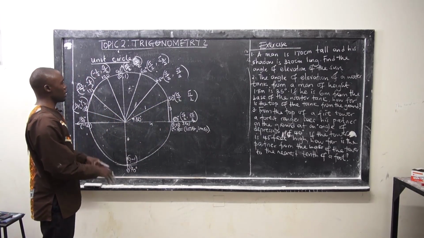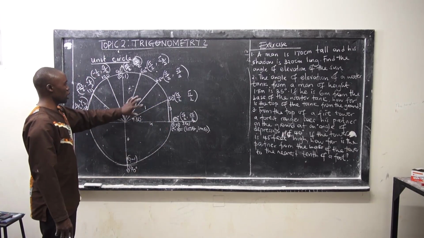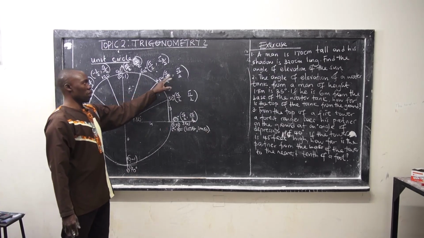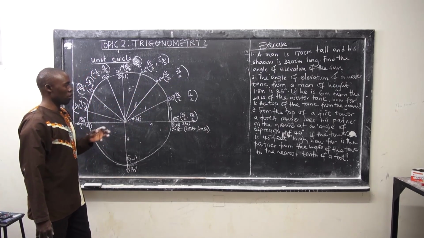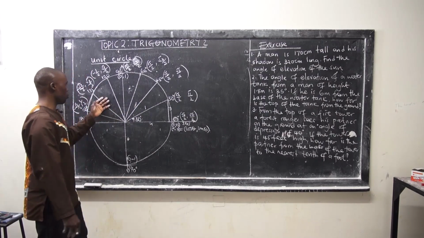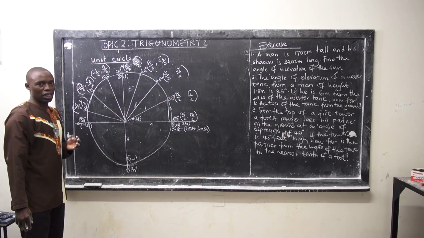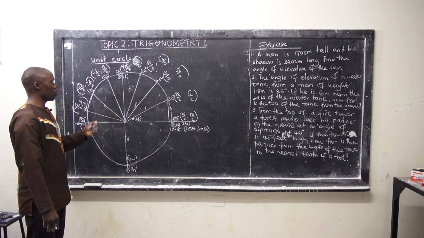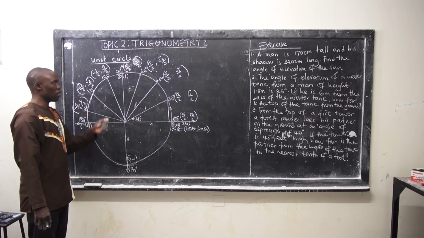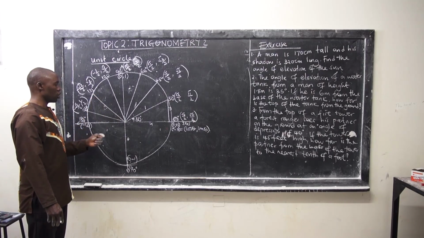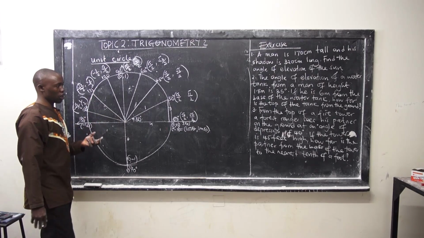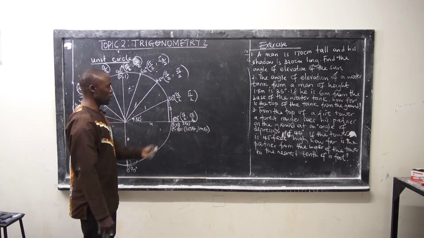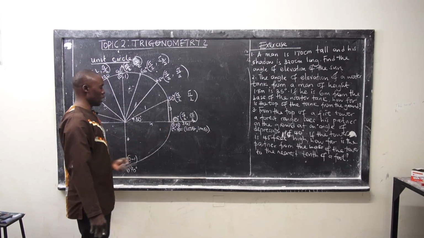So we realize that in some of these quadrants, you see that this is the first quadrant, both x and y are positive, or both sine and cos are positive. If we dive into the next quadrant, the second quadrant, we realize that here x is negative, that means cos is negative and sine is positive, because y is positive, because x represents cos and y represents sine.